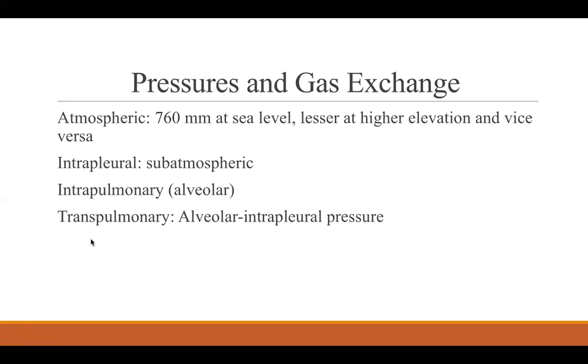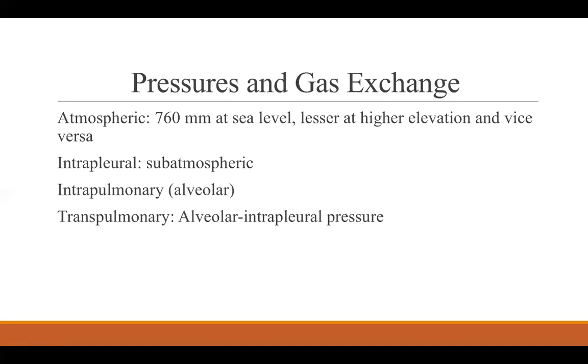Now, what is transpulmonary pressure? It's simply the difference between the alveolar and the intrapleural pressure. Okay, so the difference is typically about the same. So let's think about inspiration.